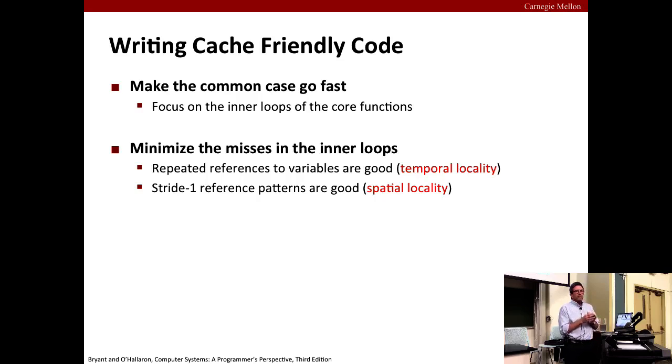If you're doing stride 1 references, the first reference to a word in a block will miss, but then subsequent references will hit. You're going to hit every word in that block. If you're doing stride 2 references, you're only going to hit every other word, so you'll miss at twice the rate.